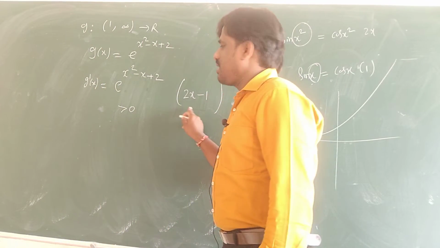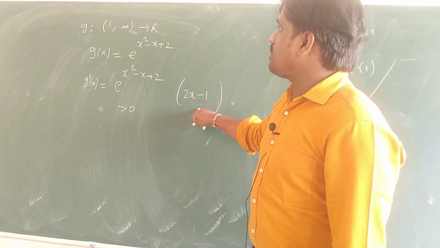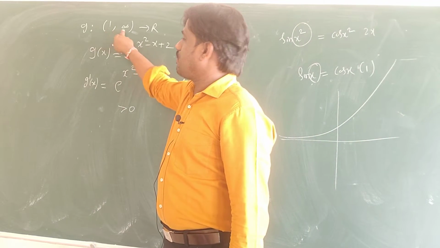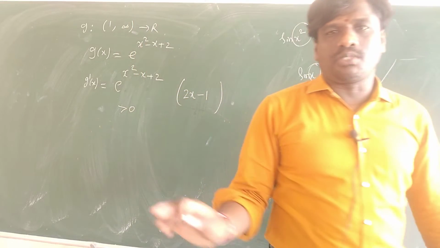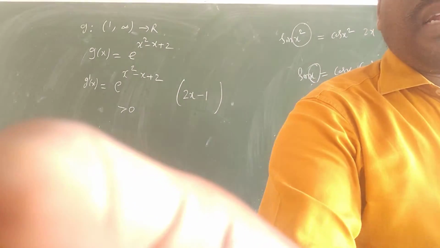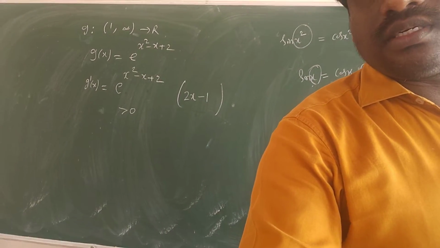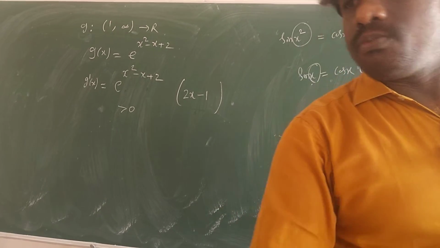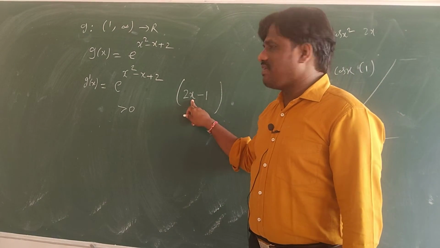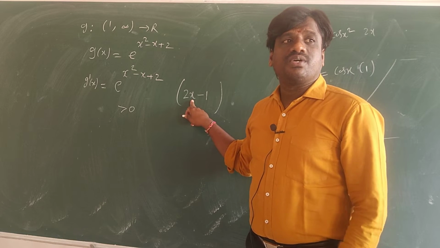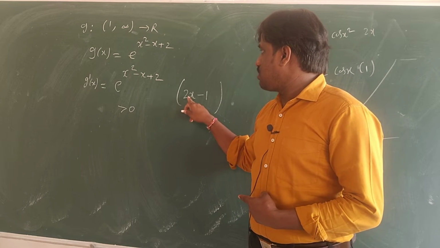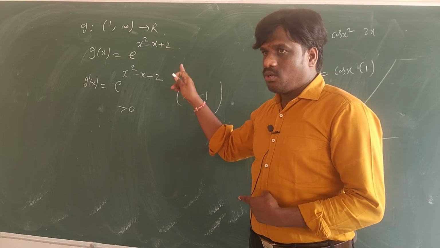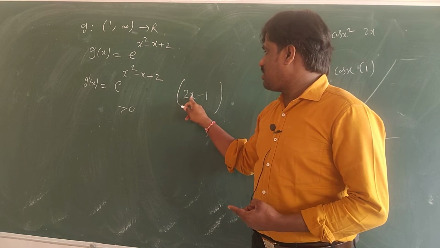Now I have to concentrate on this. What is my domain? 1 to infinity. If I substitute 1 to infinity in that, will I get positive or negative? Tell me first. I am starting from 1, which is open.